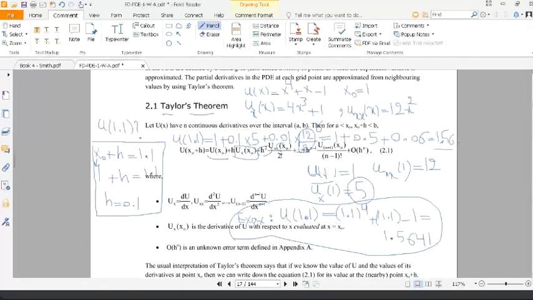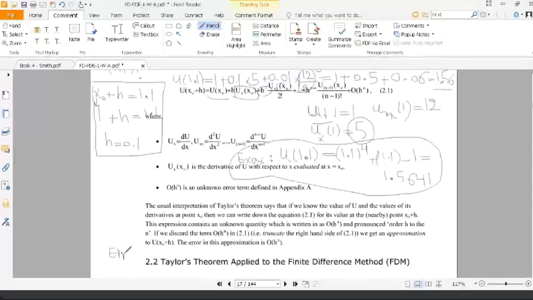What is the error of this computing? Error equals 1.5641, the exact solution, minus the approximate solution, 1.56, and the result is 0.0041.